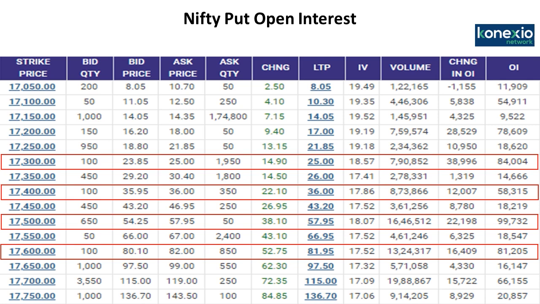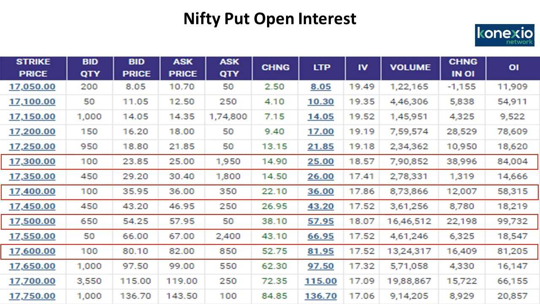You will see on the screen in Nifty puts the action was seen in 17,600 puts, 17,500 puts, 17,400 puts, 17,300 puts, as well as 17,200 puts. Now here also you can see there has been a rise in the open interest, rise in the volumes, implied volatility is at the high.